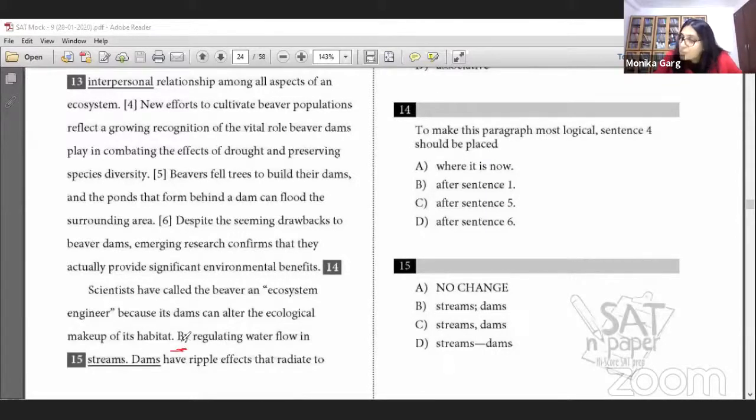So if I read this whole thing, this is a prepositional phrase, and this is not an independent clause. Since this piece cannot exist on its own, you can't put a full stop here. That means A is out. You can't put a semicolon here because this is not an independent clause.